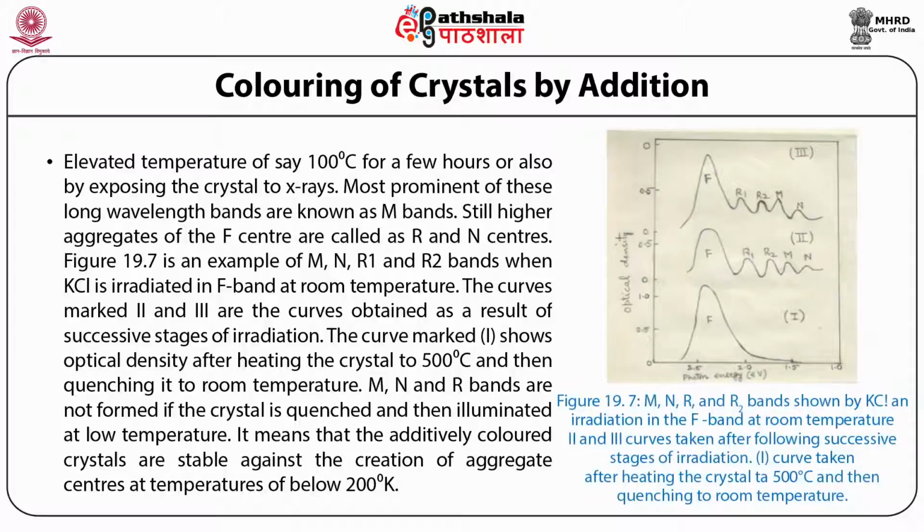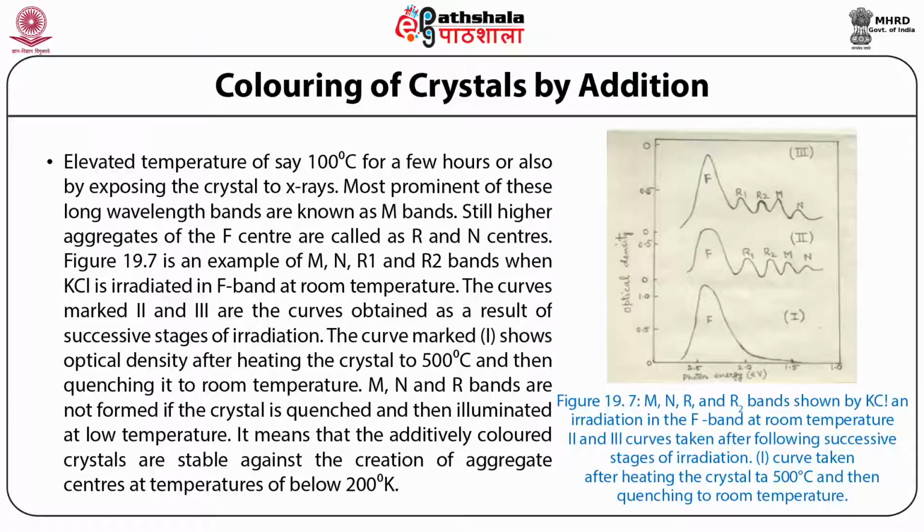Figure 19.7 is an example of M, N, R1 and R2 bands when KCl is irradiated in the F band at room temperature. The curves marked second and third are obtained as a result of successive stages of irradiation.